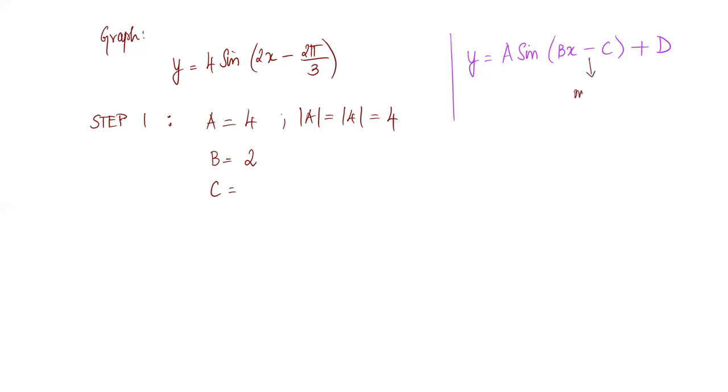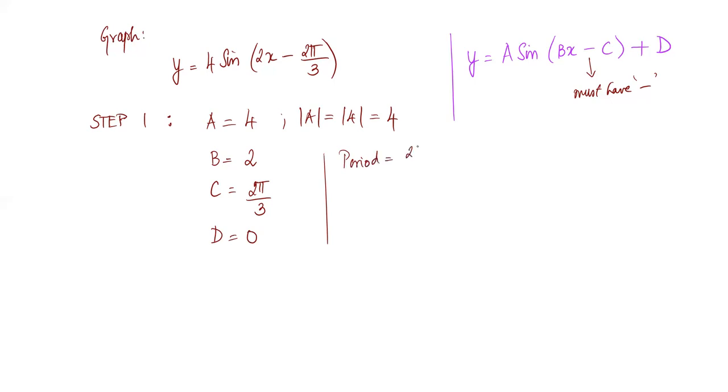Must have minus. If it is a plus there, then you have to see it as double minus. There are 2 minuses, a minus and a minus C. In this case, all good. So C is just the 2 pi over 3. So let's remember that. C is just the 2 pi over 3. And then D is 0 here.